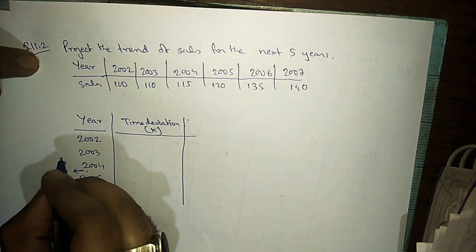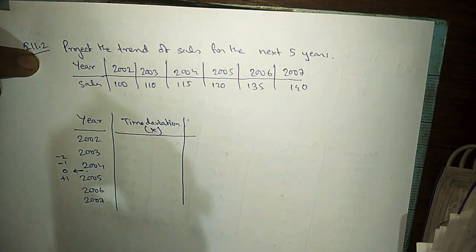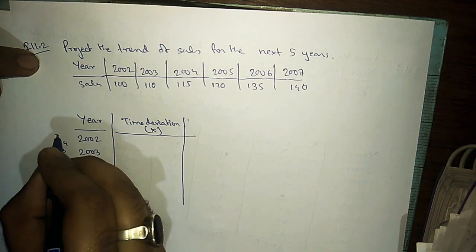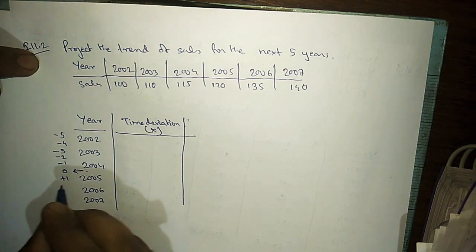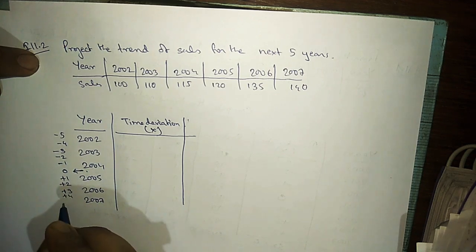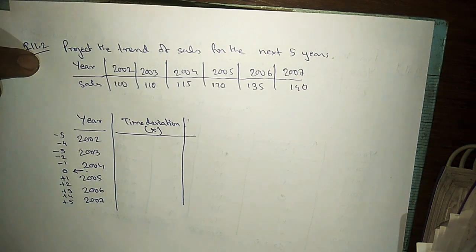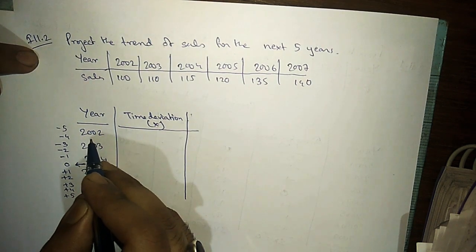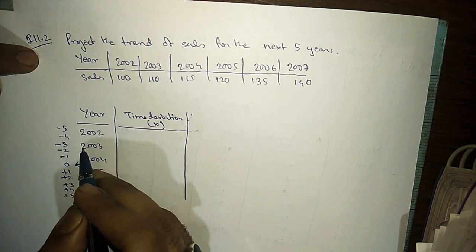Next points will be minus 2, minus 3, minus 4, minus 5. Over here also the same, plus 2, plus 3, plus 4, plus 5. Which means you have to take in every half yearly also.